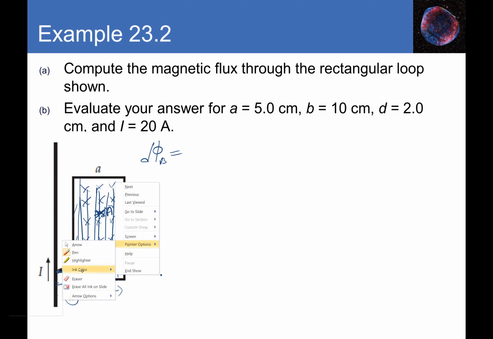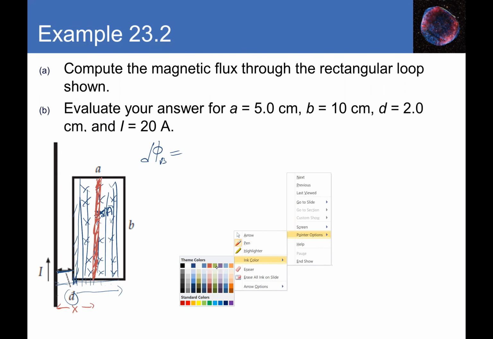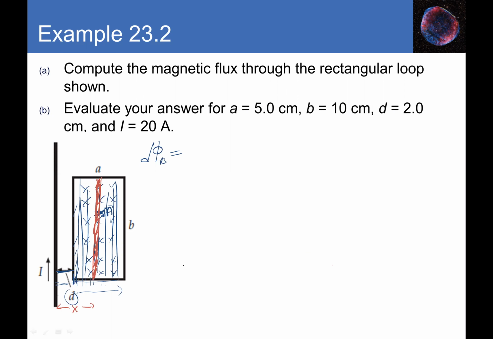So let's say I'm looking at just one of the strips, maybe one right here, and this has a distance X from the straight wire. I'm going to set up my equation in terms of that. I'll find the contribution of the flux for that small strip, and then expand all the way from one end to the other.